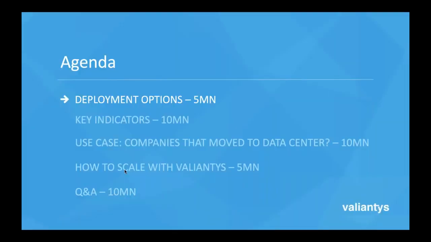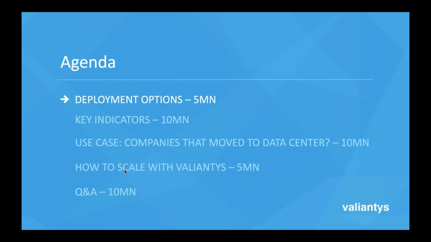So moving on, just a quick review of the agenda for today. We'll go over the deployment options, an overview of the Server and Data Center deployment options. After that, we're going to see the key indicators, the points that we usually highlight related to whether the client should go to Data Center or not, and also how to plan for that.